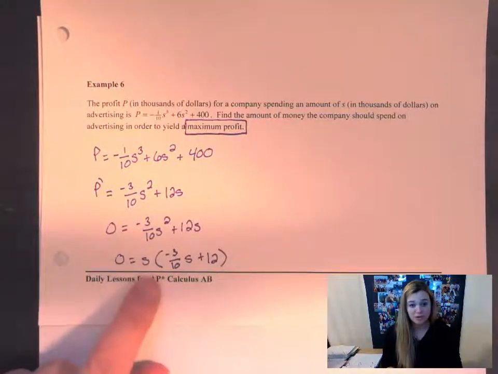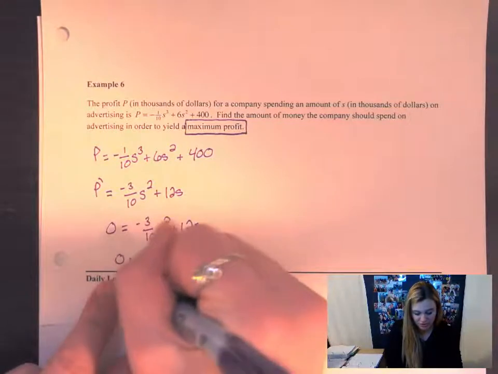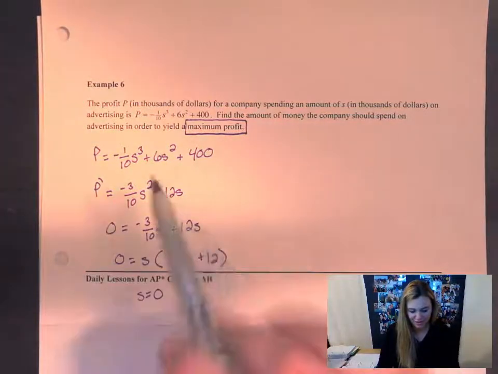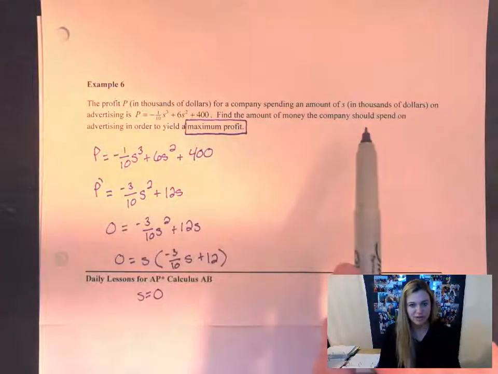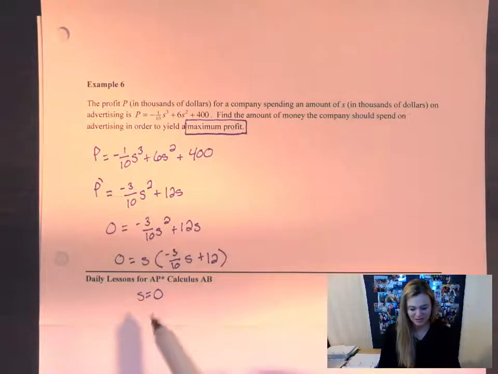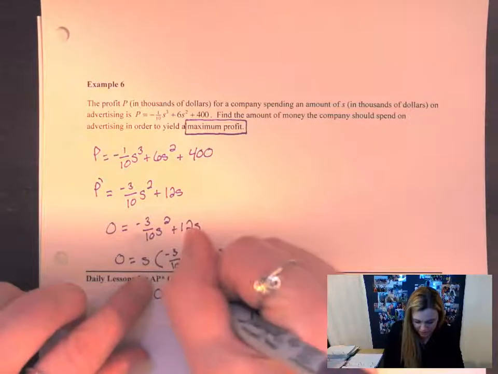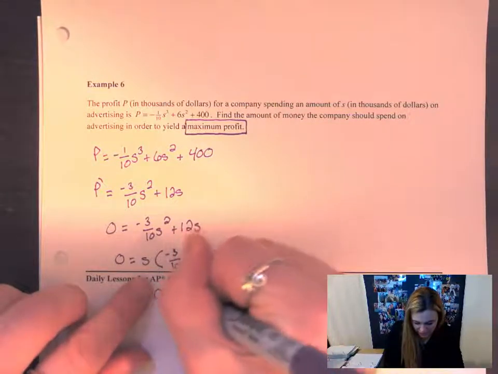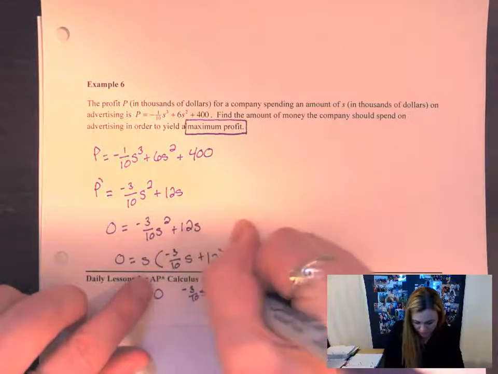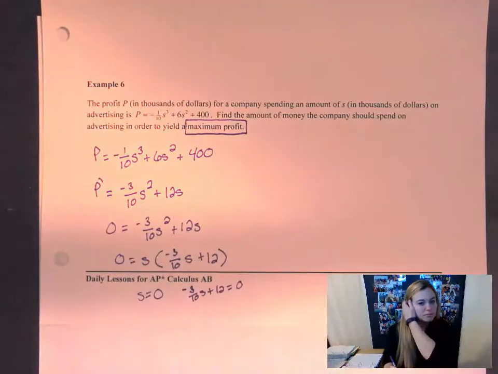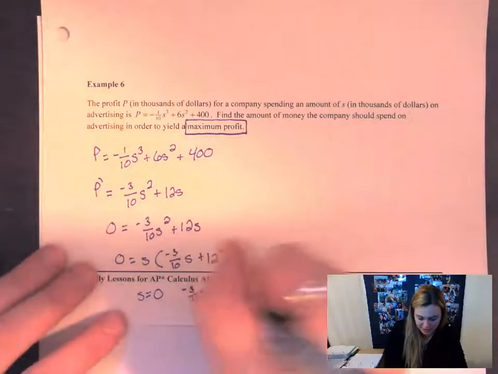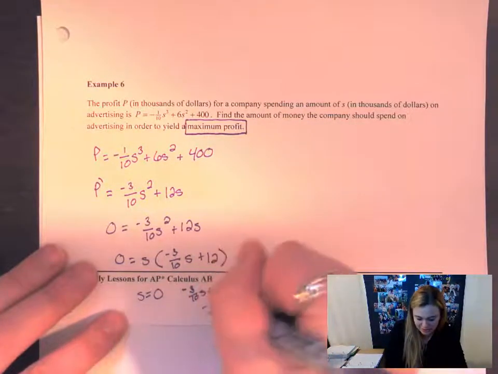I know one of my zeros would just be where s is equal to 0, but I don't think I want to spend $0 on advertising and I can't spend negative. So this s is equal to 0, not that important. This I can also set equal to 0, so negative 3/10 s plus 12 equal to 0. Subtract, get negative 3/10 s is equal to negative 12.